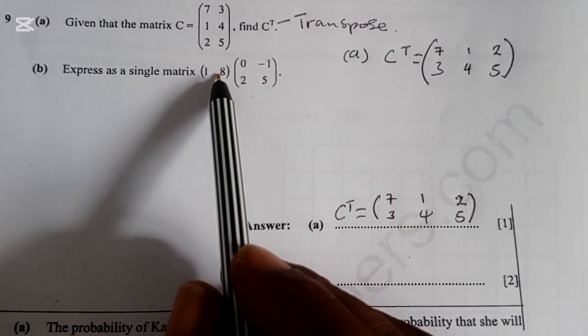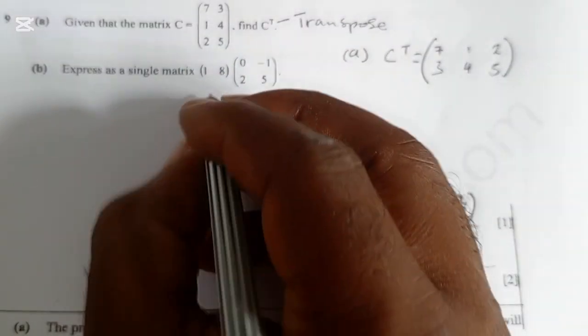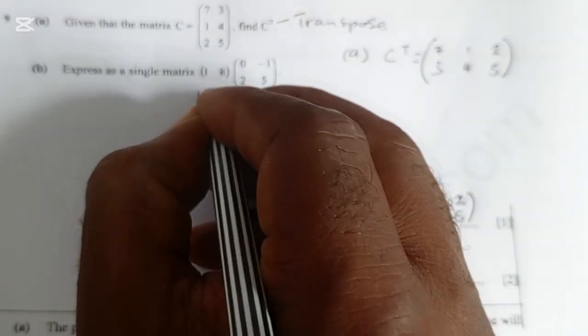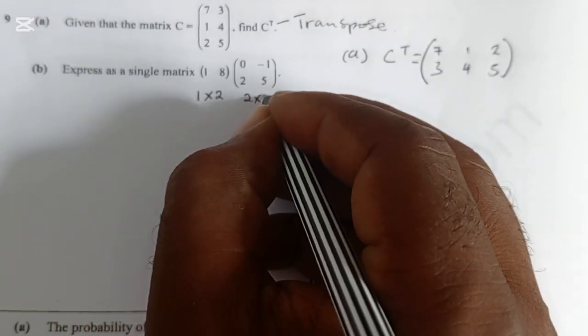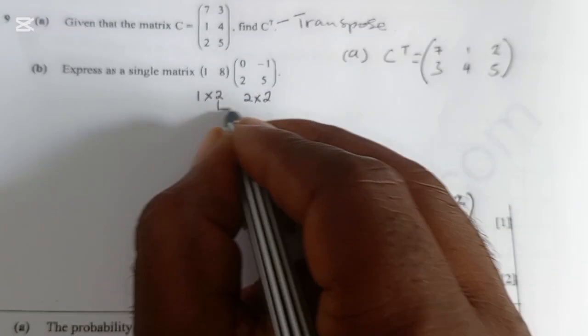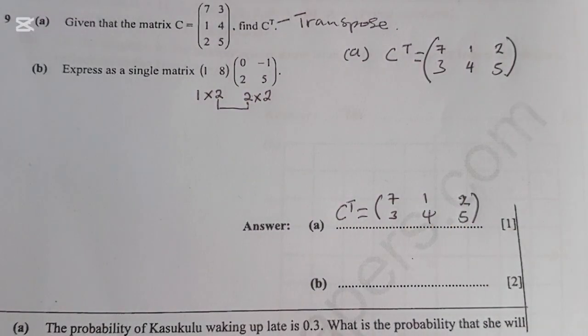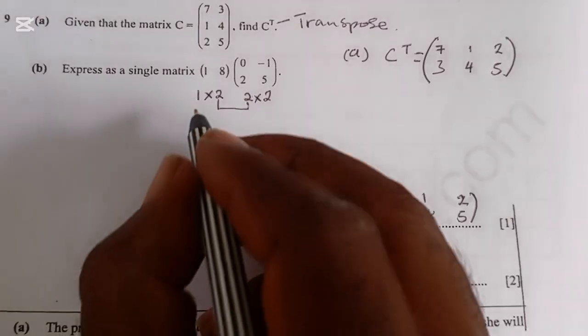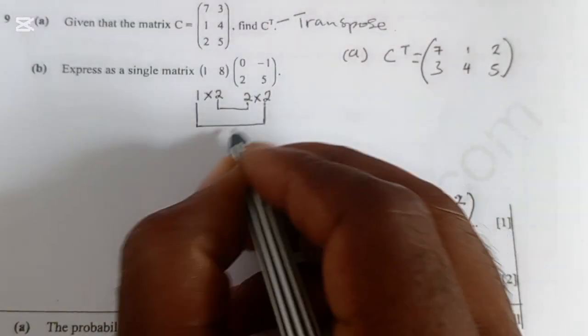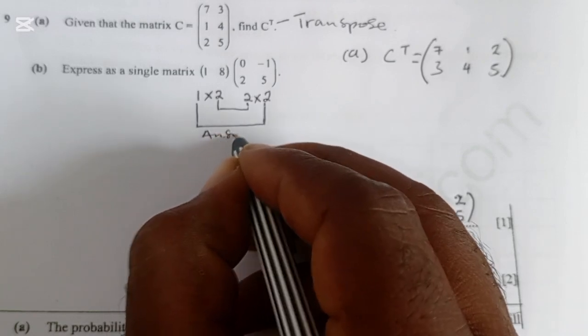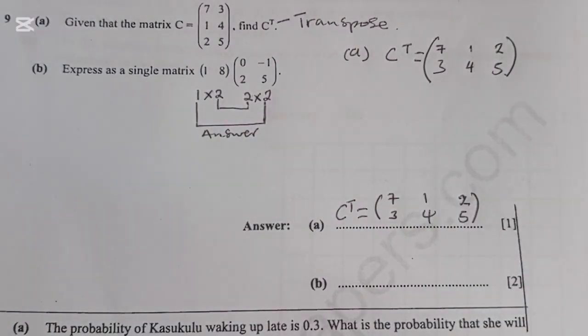So remember that this is a 1 by 2 matrix and this is a 2 by 2 matrix. So this matrix is a defined matrix. So our answer is going to be a 1 by 2 matrix. That is our answer.